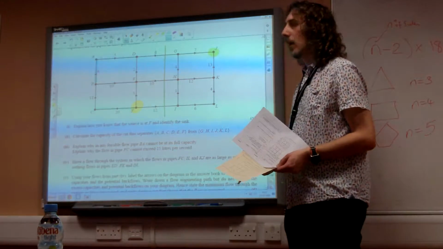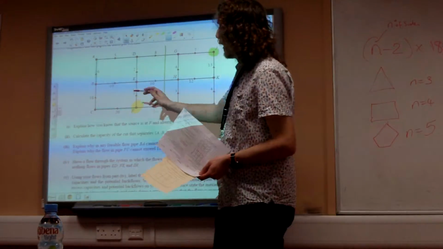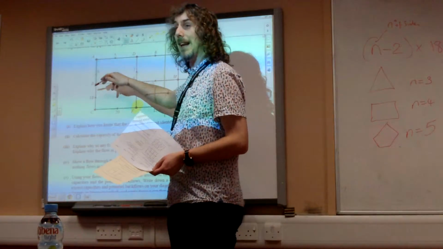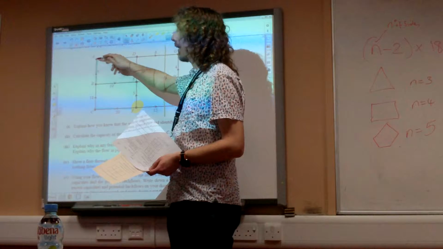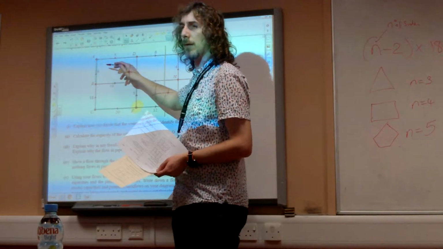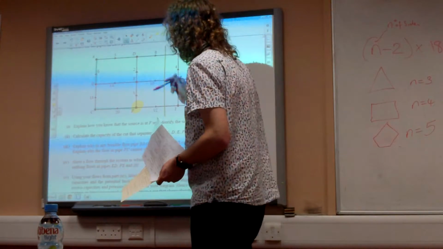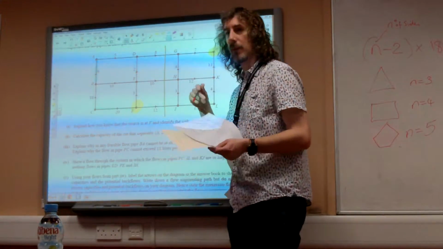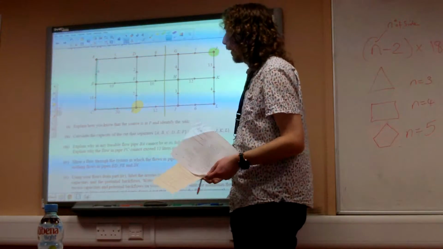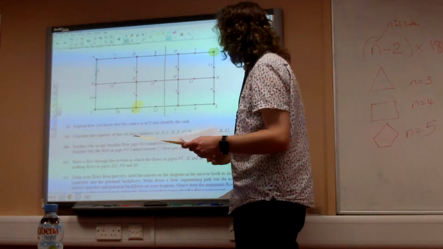Right. Well, what about BA? Let's think about that to start with. Its full capacity is 6, flowing into A. If the full capacity of 6 is flowing into A, but we can only have a maximum of 5 flowing out of A, that would exceed the amount that could flow through A. We have stuff going in, but couldn't have any way out. So we're stuck on that one.